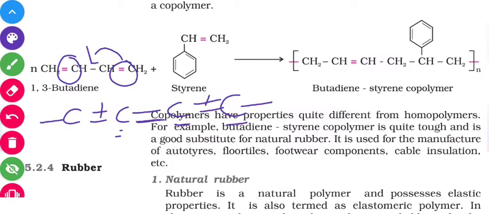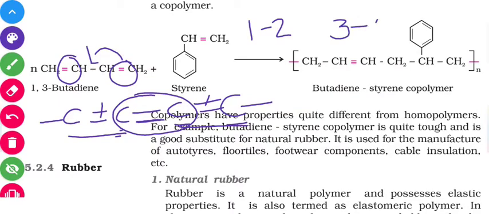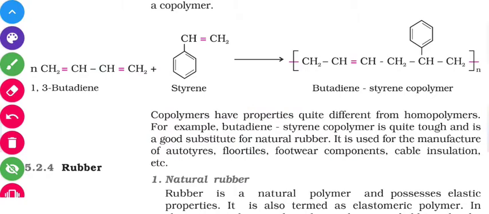So now the double bond is shifted from 1-2 and 3-4 to 2-3. In buta-1,3-diene, initially the double bonds were between the first and second carbon and the third and fourth carbon. After rearrangement, the double bond will be between the second and third carbon. A similar situation occurs here.